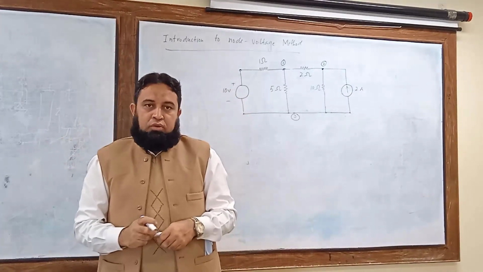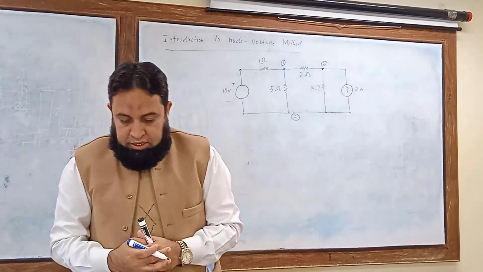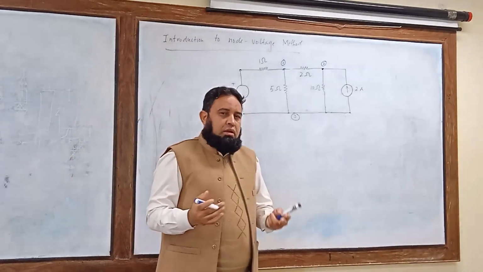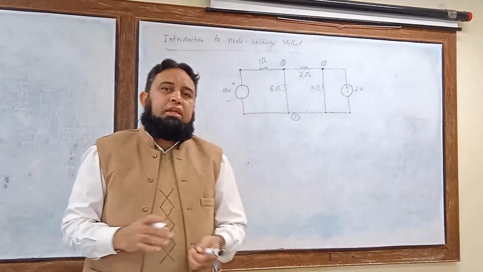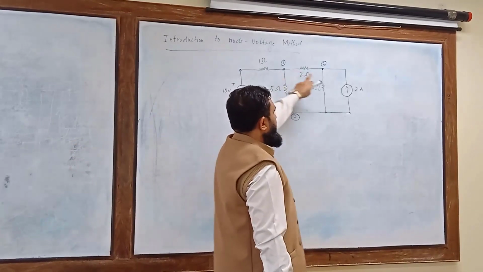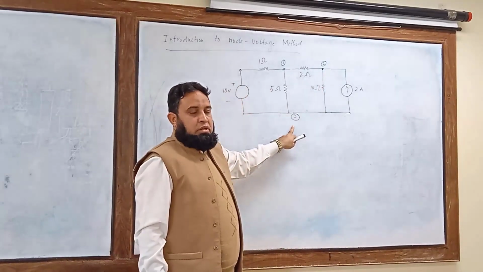Another step, step number 2, we have to identify the reference node. Ideally you can mark any node as the reference node. This node can be considered as reference node, or this node, or this node.